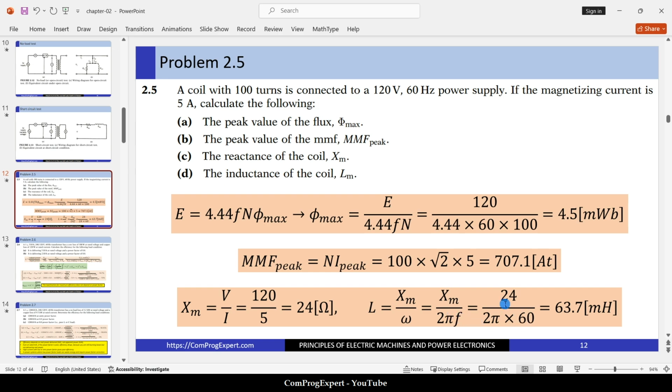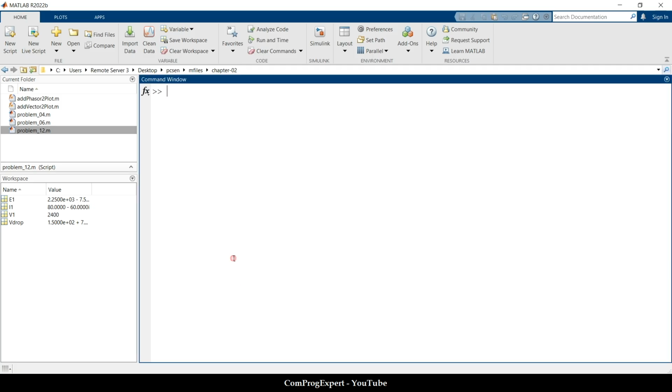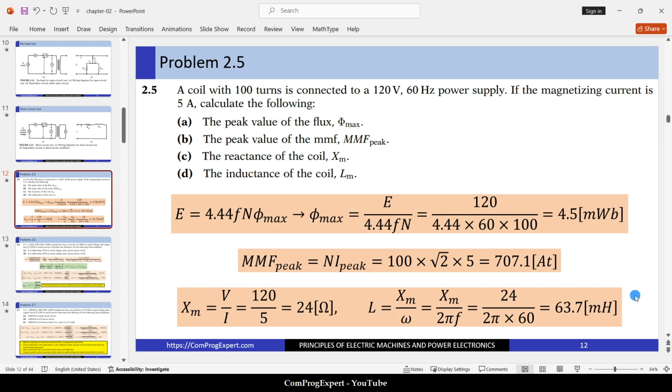So if you replace the numbers, 24 divided by 2 times pi times 60 is equal to this one. If we multiply this by 1e3, it will be equal to 63.6 millihenries. So yes, this is the procedure to calculate these quantities for the coil.